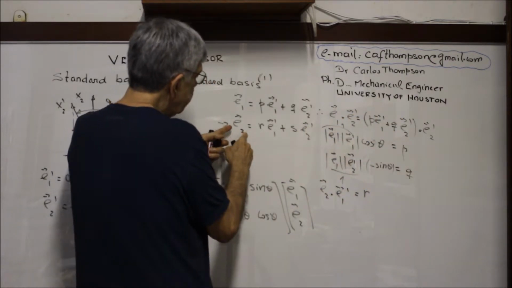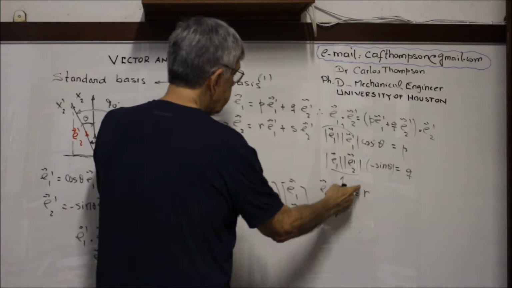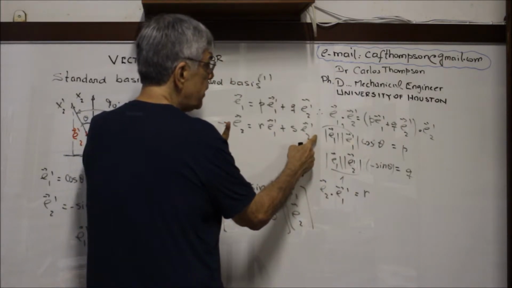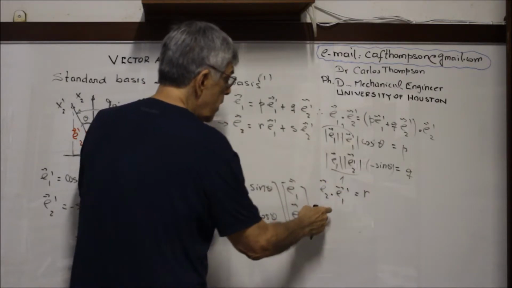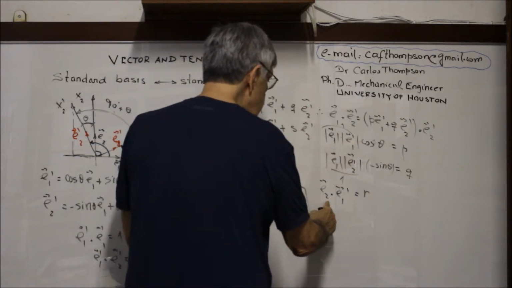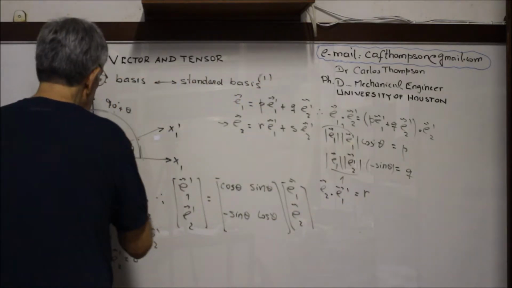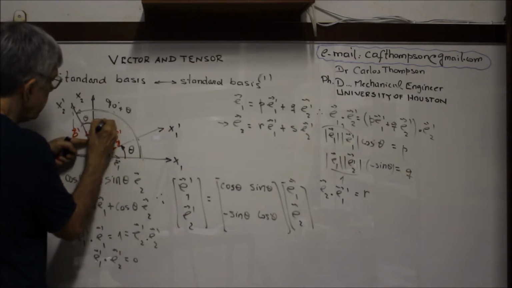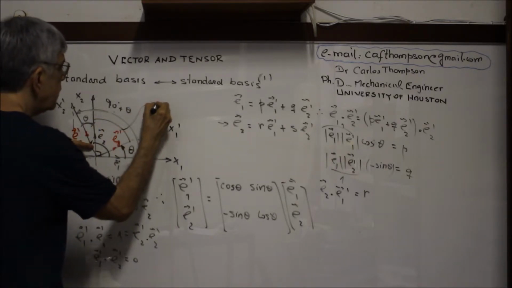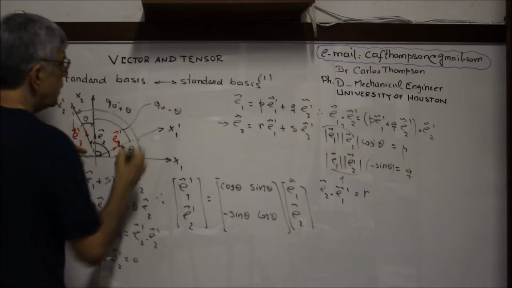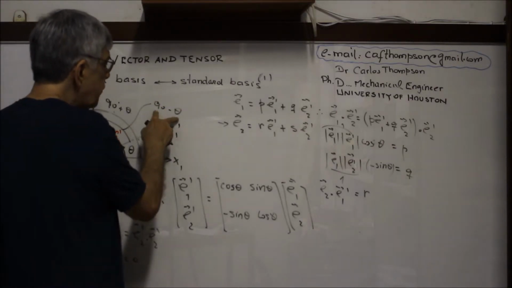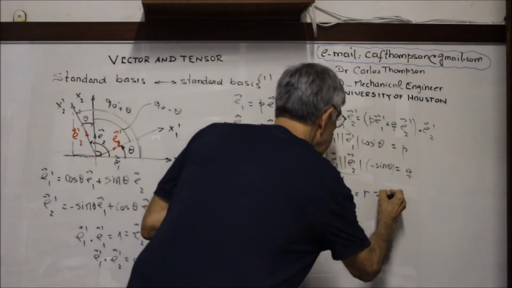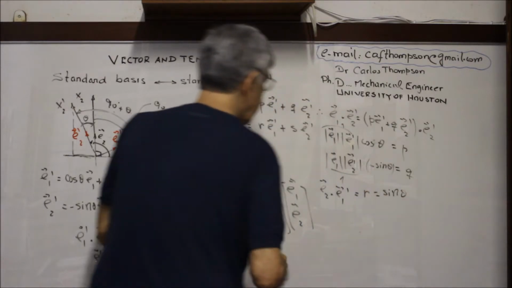Here E1 prime dot E1 prime will be 1, and E2 prime dot E1 prime will be 0, so this is R. Now the angle between E2 and E1 prime, look, this is E1 prime, this is E2. So this angle here is 90 minus theta. Cosine of 90 minus theta is equal to plus sine theta. So R is equal to sine theta.